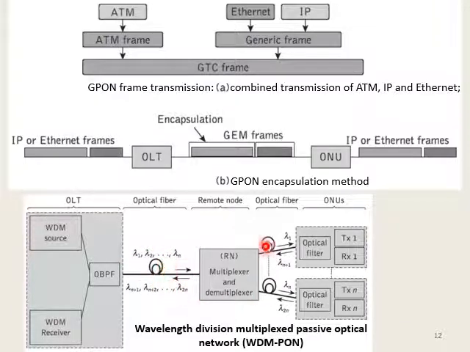Then a remote node does the operation of multiplexing or demultiplexing in both directions. Demultiplexing is on this side, multiplexing on this side. Many wavelengths are split and passed into the optical filters, and the transmitter and receiver on the ONU, optical network unit, side. This is how we make the WDM PON.